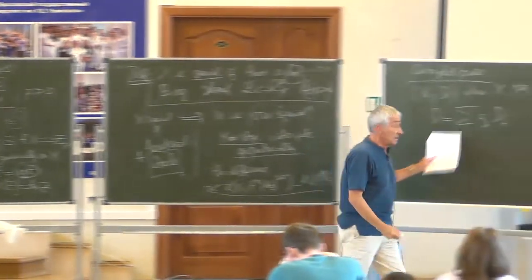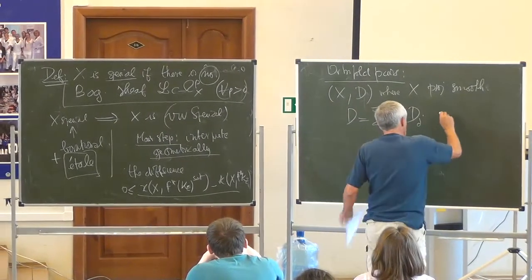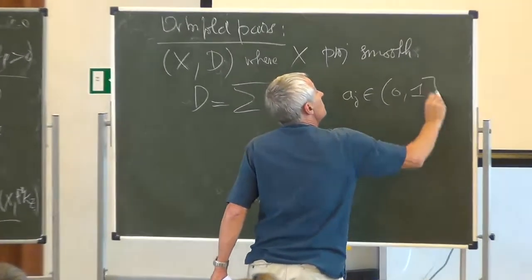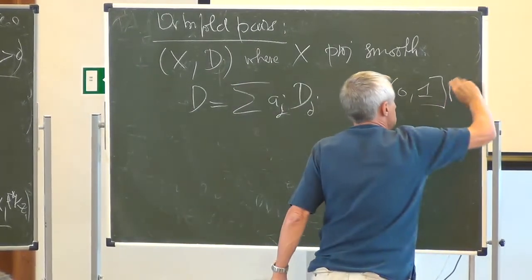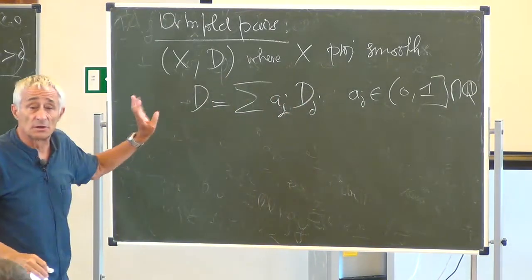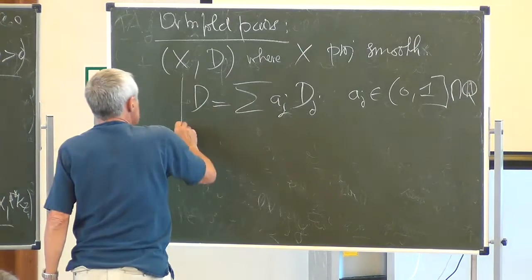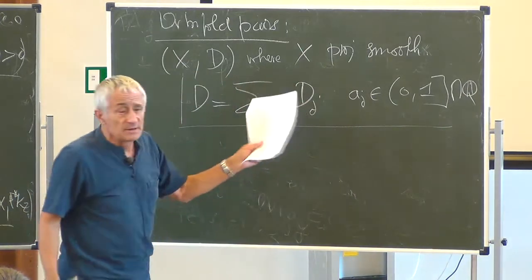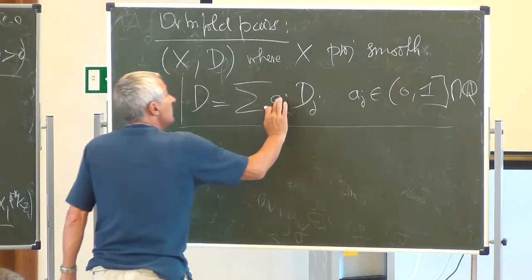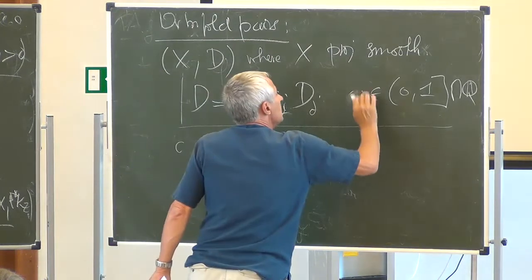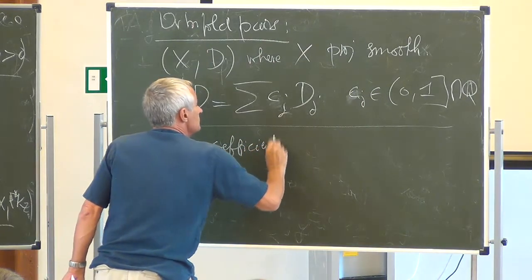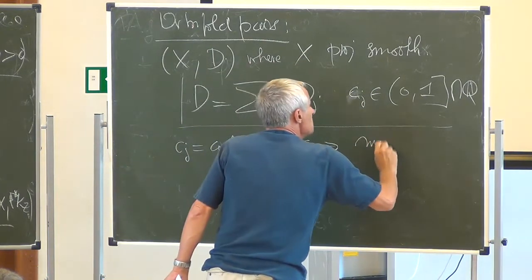This is a finite sum, exactly the same as for log pairs, but I prefer the term where the a_j belong to [0,1] intersected with Q. So we take such a combination, and to make things a little more geometric, we write this coefficient as c_j, and this is equivalent to something which is the multiplicity.